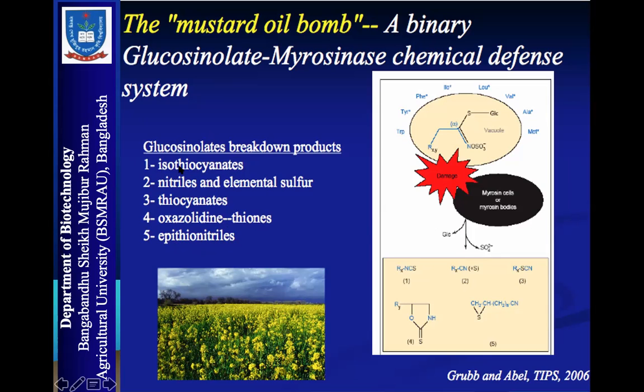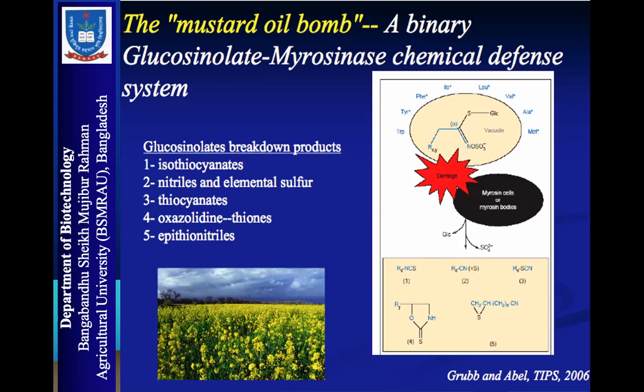These five compounds are produced, and they are basically toxic against insects. This is really a fascinating defense system in the mustard plant.